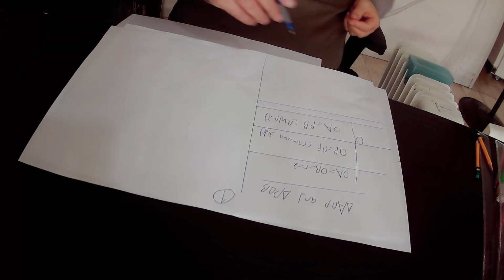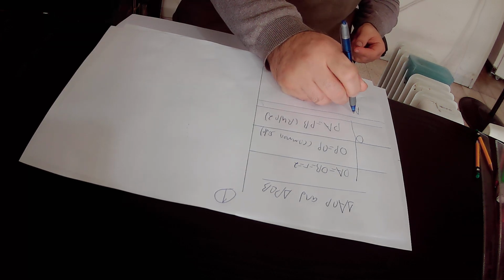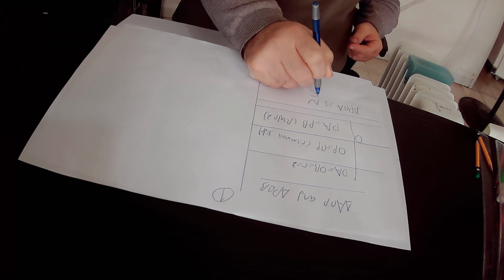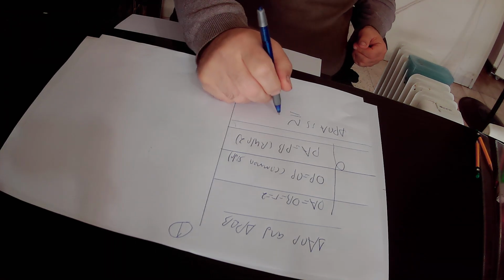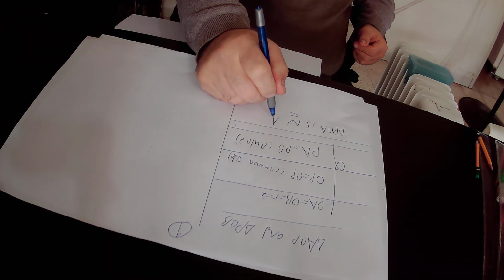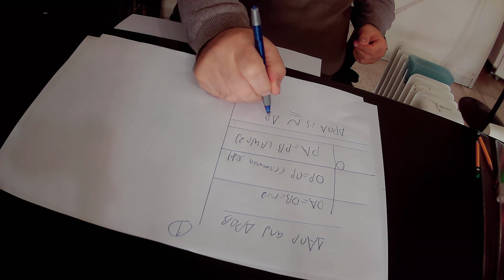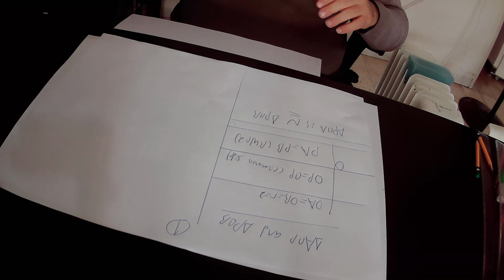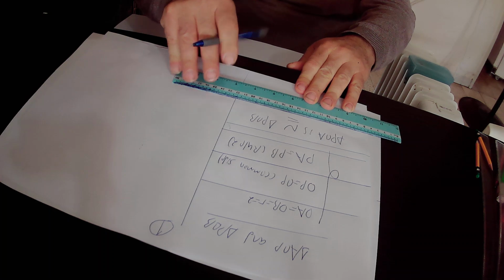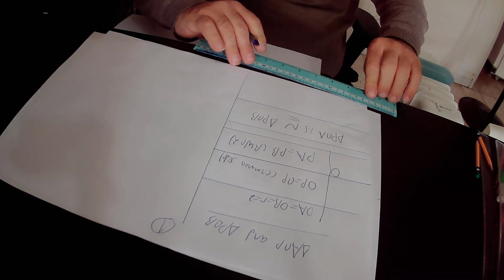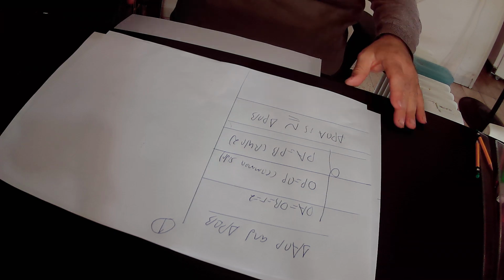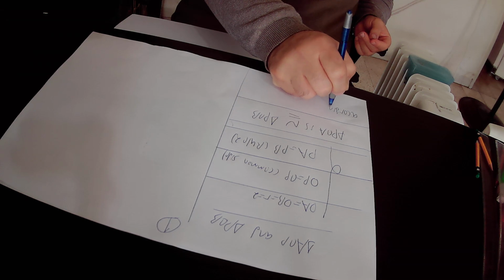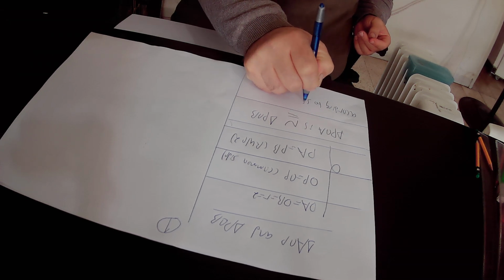The right upper triangle, triangle POA, is congruent to the right lower triangle, triangle POB, according to the side rule.